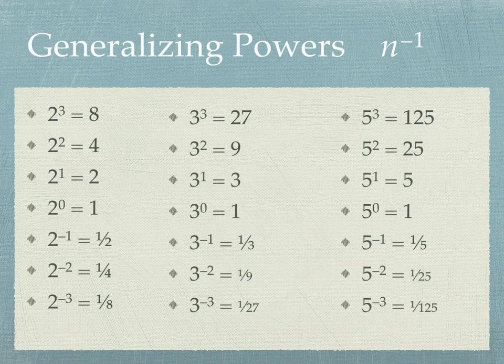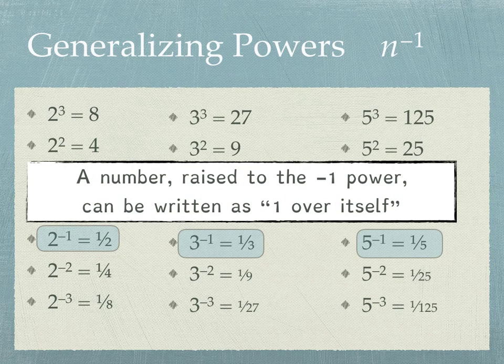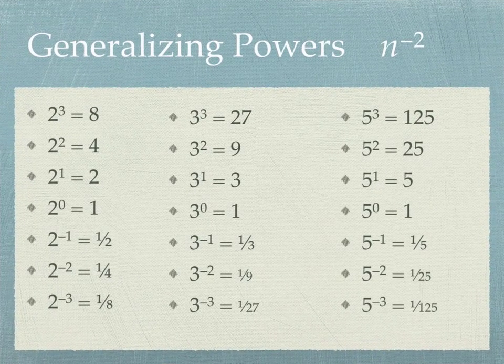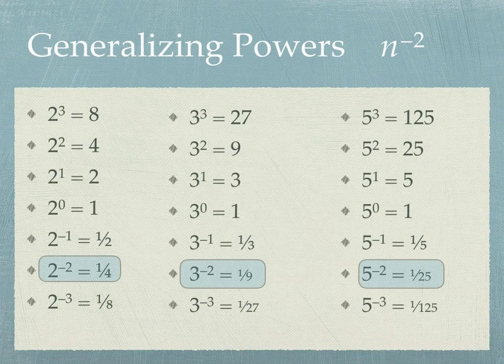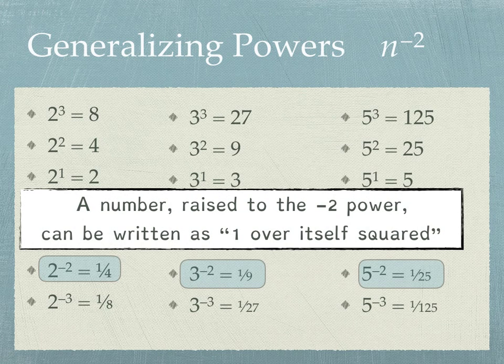When we raise a number to the negative 1 power, it looks like the number can be written as 1 over itself. Finally, let's look at n to the negative 2. A number raised to the negative 2 power can be written as 1 over itself squared.